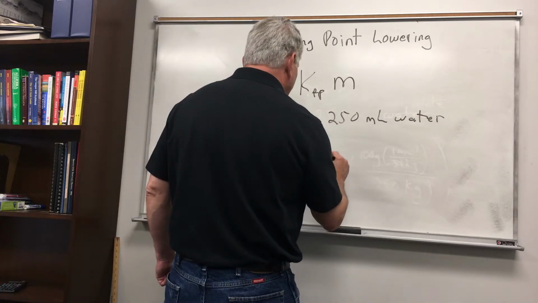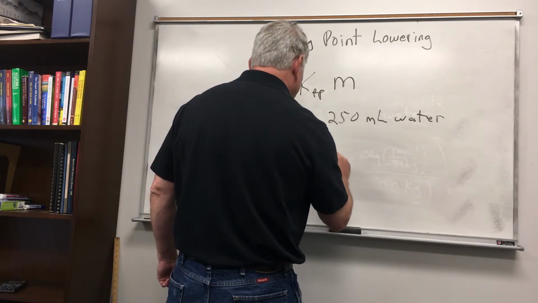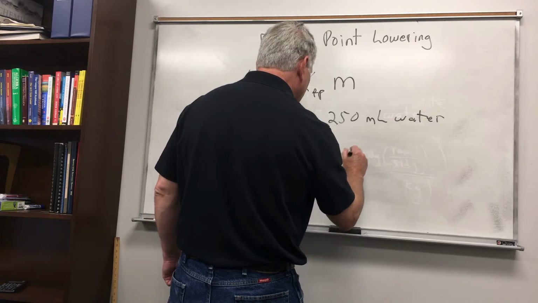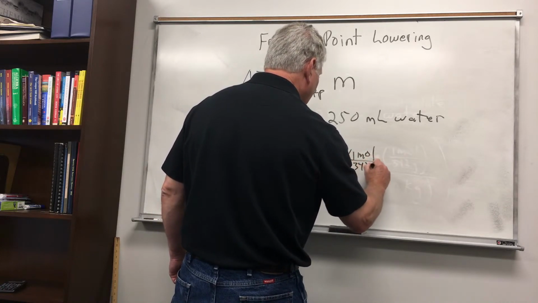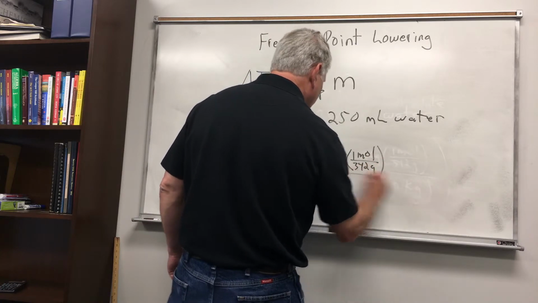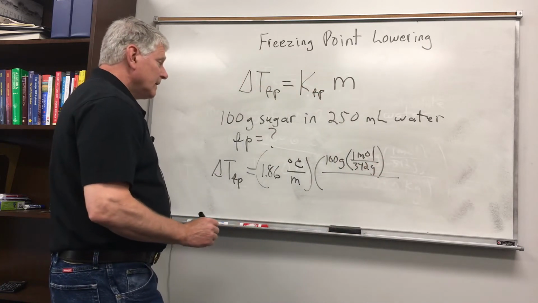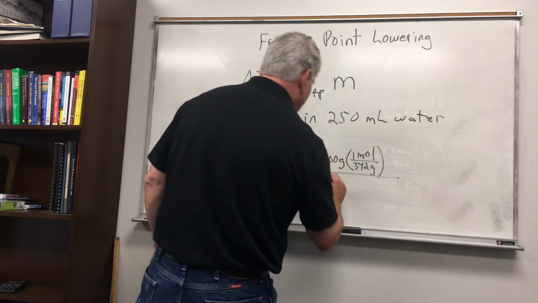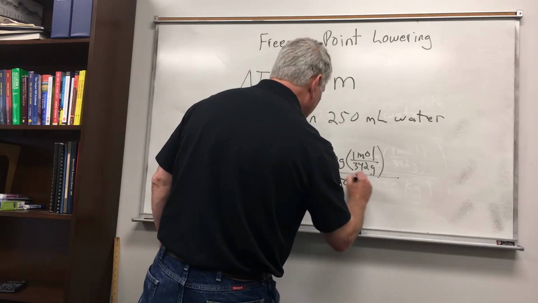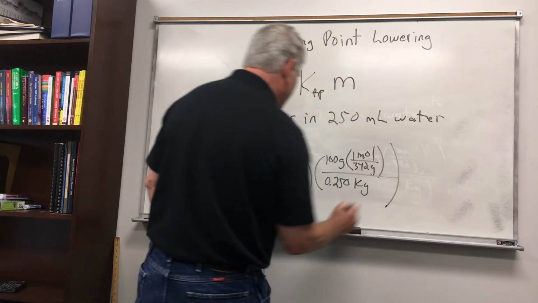So that's moles of solute: 100 grams of sugar times 1 mole per 342 grams of sugar, divided by the kilograms of solvent, so 0.250 kilograms of solvent.